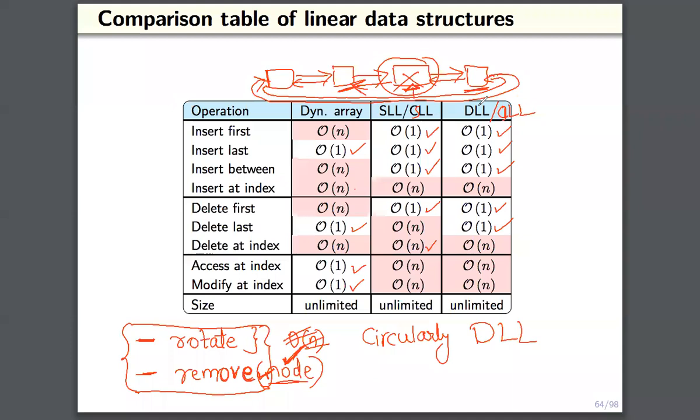So though we have covered all the essentials, we did not cover circularly DLL separately. But you should be able to come up with ideas like this. It might be an amalgamation of two tiny data structures to create something new based on whatever has been asked.